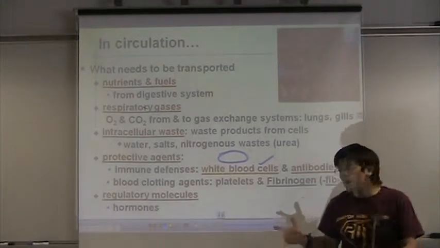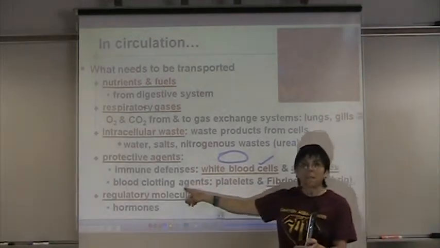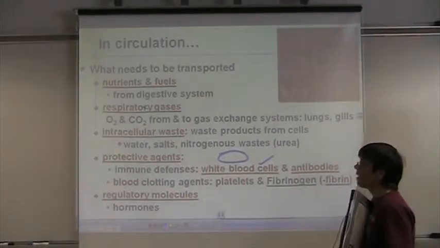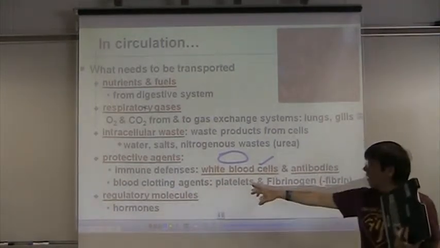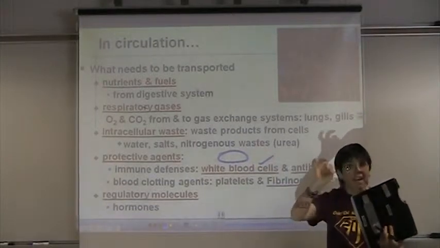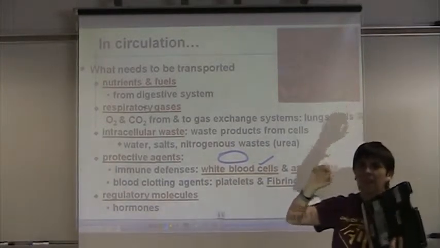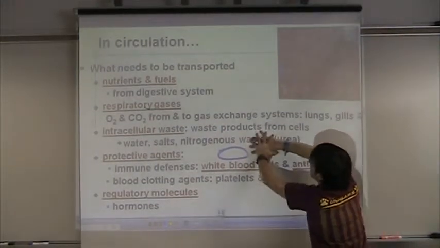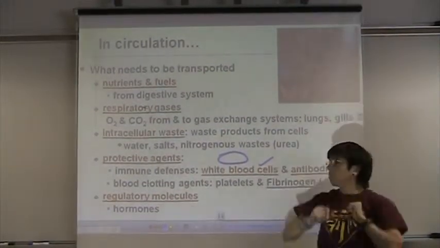What else is in your blood that is critical? Well, we have circulating constantly in our circulatory system blood clotting agents. Platelets are actually cells or pieces of cells that plug, all of them just pile up on each other and make like a nice plug.